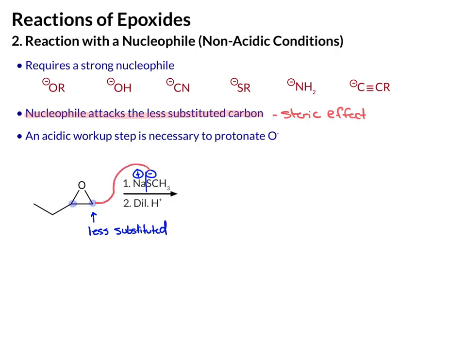So that SCH3 will attack that carbon and break open the epoxide. When it does, you end up with O-, and then added here, the nucleophile SCH3. So here's why we need that acidic workup step, because you have O- that needs protonated.